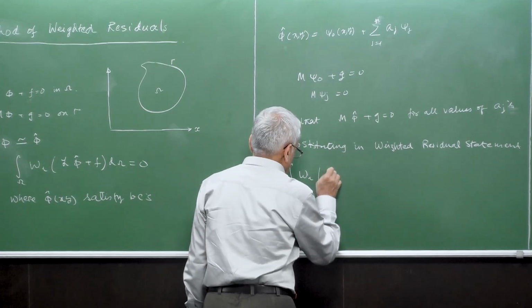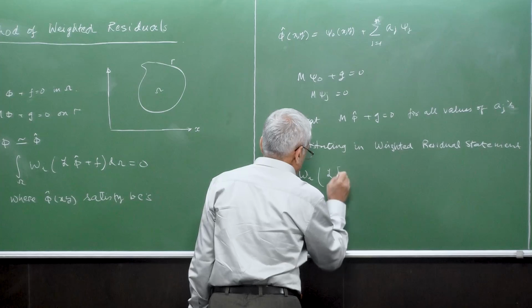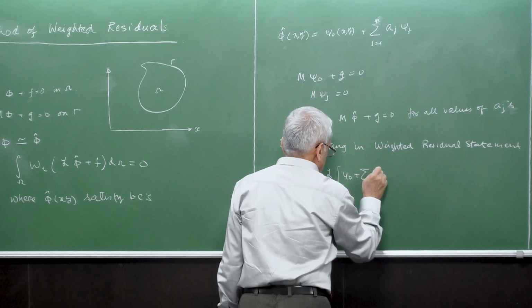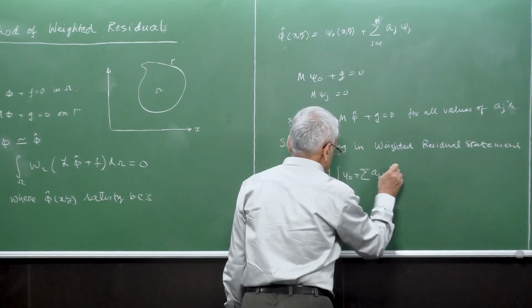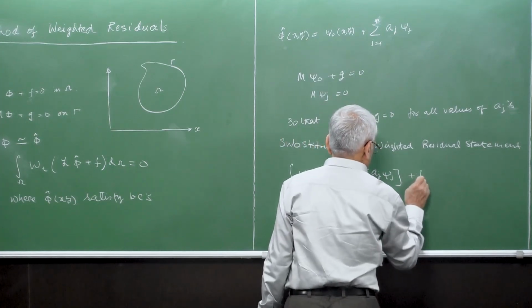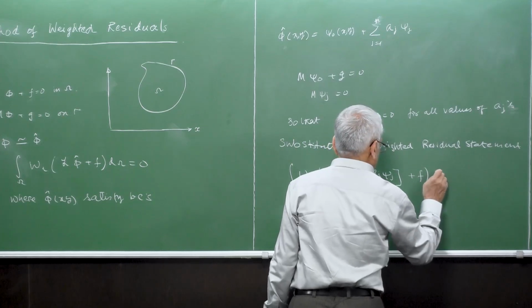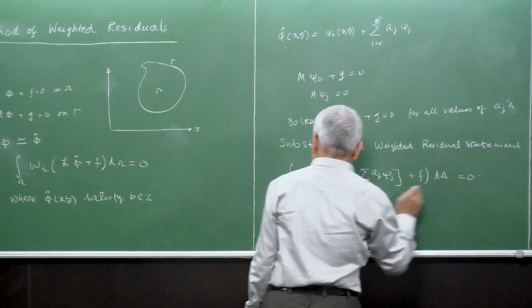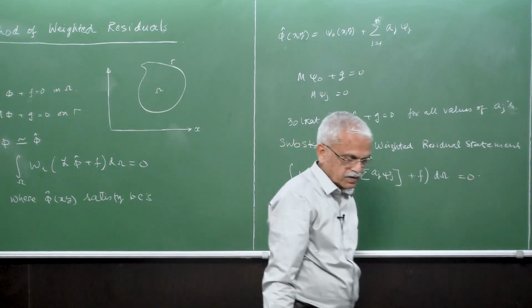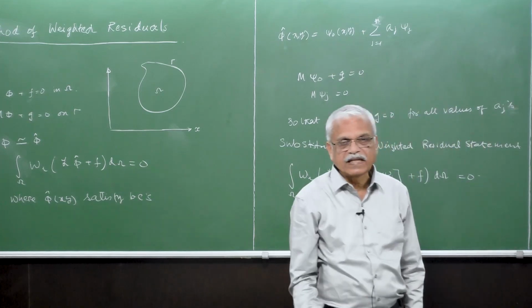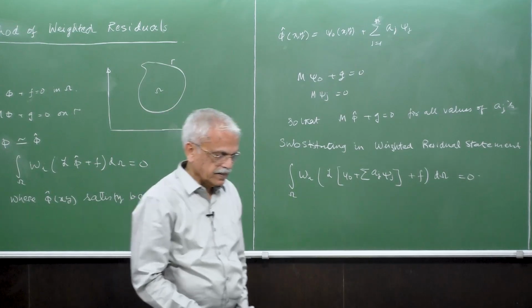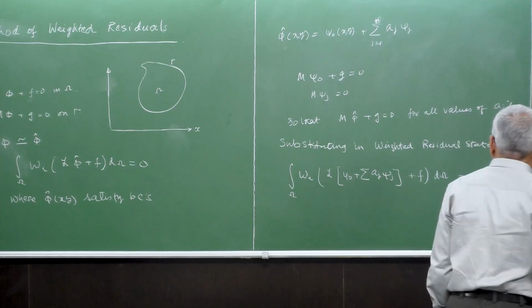And here we say that this phi hat, we will write as phi naught plus the summation of aj psi j. And then we also have f here, and the whole thing is integrated over the domain. This d omega is an elemental area for the domain omega, so it can be dx dy, or r d theta dr, or dx dy dz, depending upon the kind of coordinates you use.